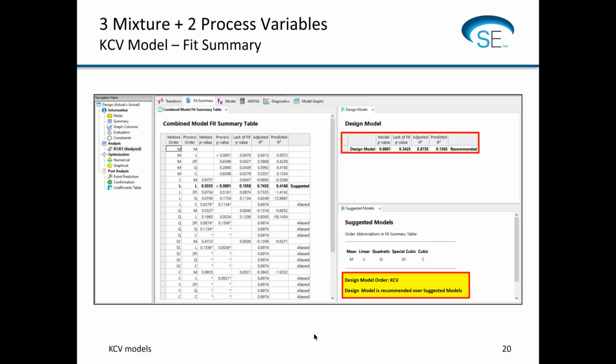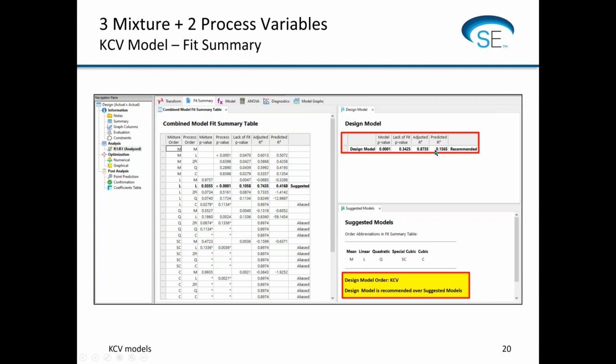So what we do is perform a similar test for the KCV model. And you can see there that the model p-value is very good. Lack of fit is insignificant. The adjusted R squared is higher by 1.3 units, so it's quite a bit higher. The predicted R squared is lower, but you can see the predicted R squared isn't real good here.